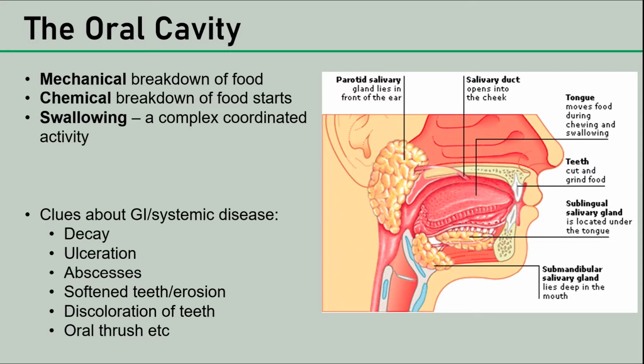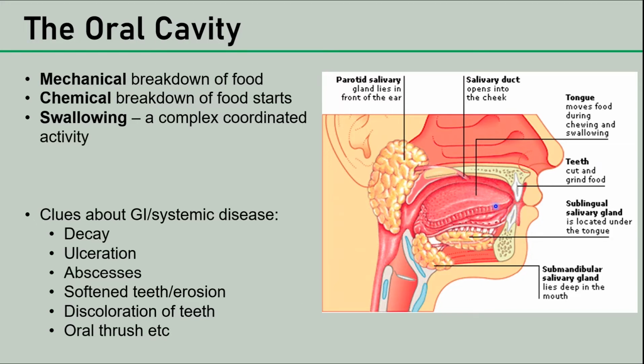So we have our tongue, which helps to push the food around the oral cavity and ensure that it is completely spread amongst the teeth, and the teeth will then mechanically break that giant bite that you have made of that bagel and begin to chomp on it into smaller parts. So we have action of the tongue and we have action of the teeth breaking up the food particles.